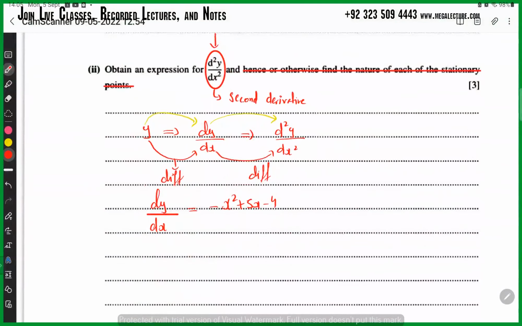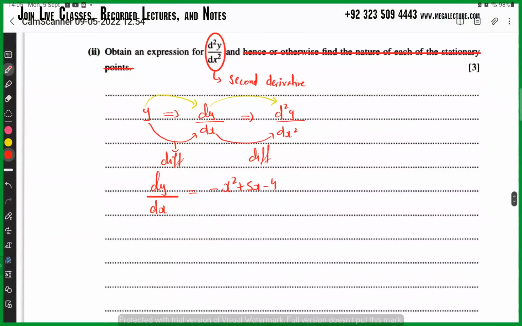Now we need to find the second order derivative. Second derivative or second order derivative, that means the same, is basically written this way: d2y by dx2. You don't read it like this. We read it like this: second derivative of y with respect to x. And this is equal to, this number is 2.